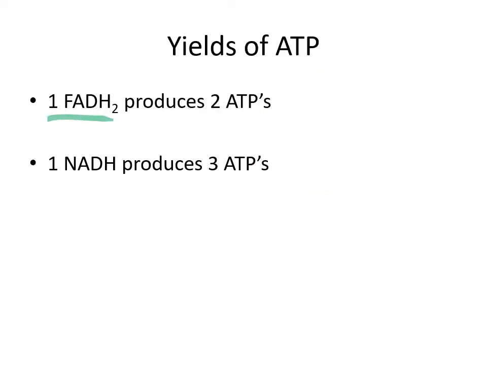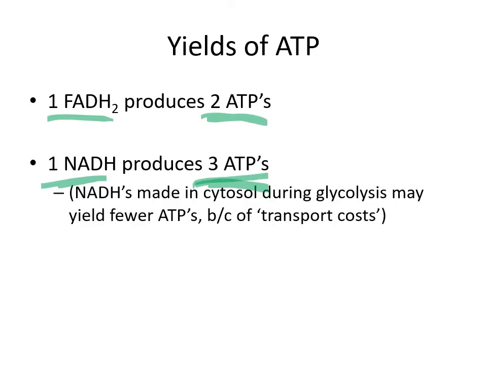The FADHs that we made in the Krebs cycle, we're going to get about 2 ATPs from each of those, and NADH, think of it like a higher energy version of the electron. It's still holding electrons, but they're able to produce more ATPs per NADH used.